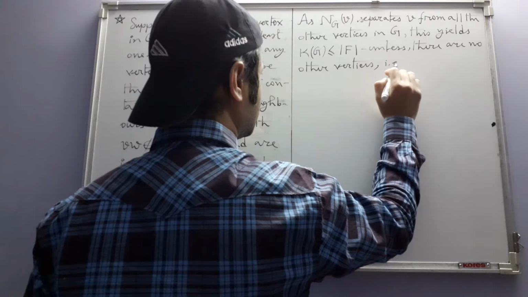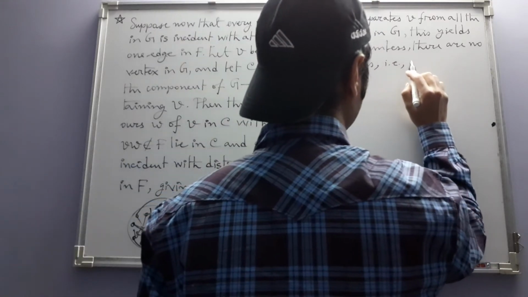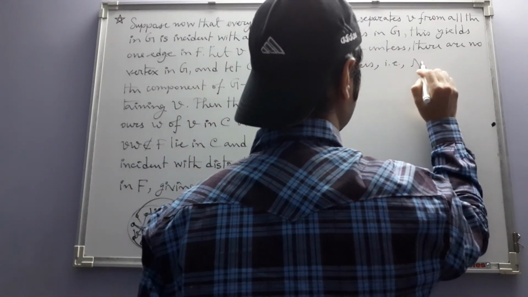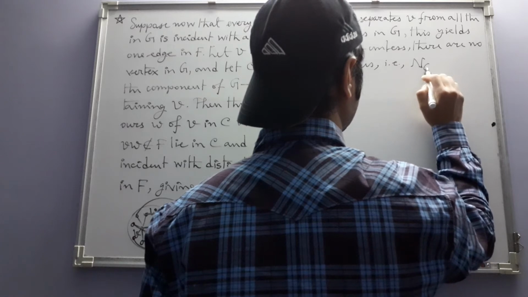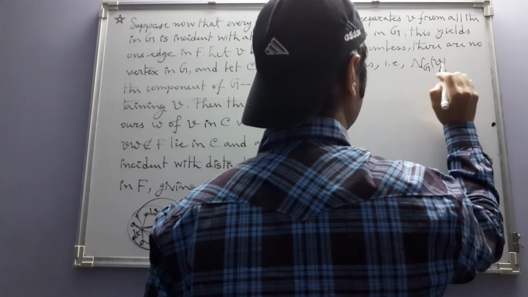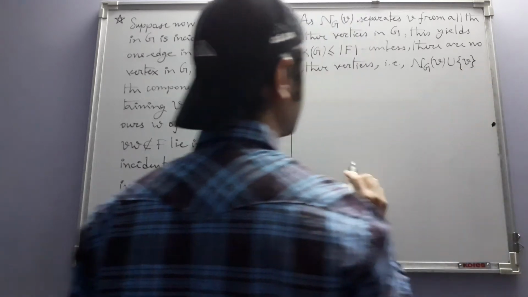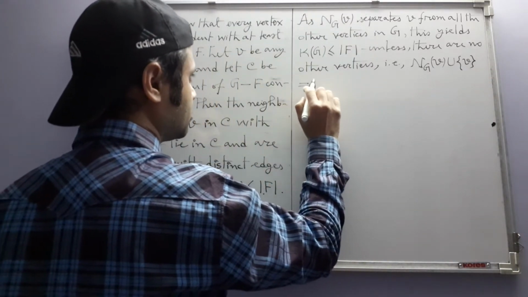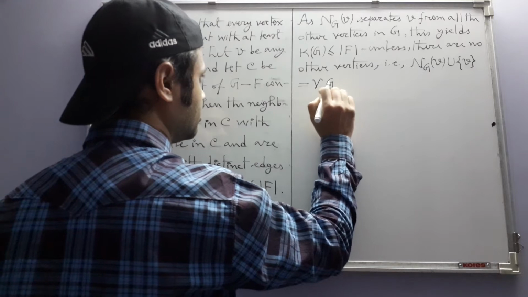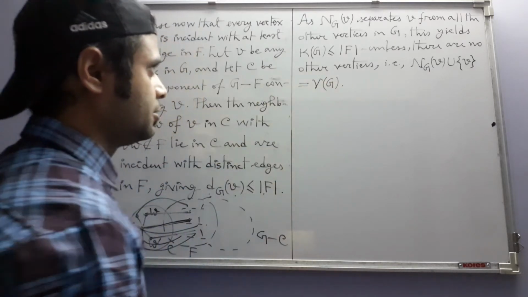That is, if this is equal to the vertex set of G itself.